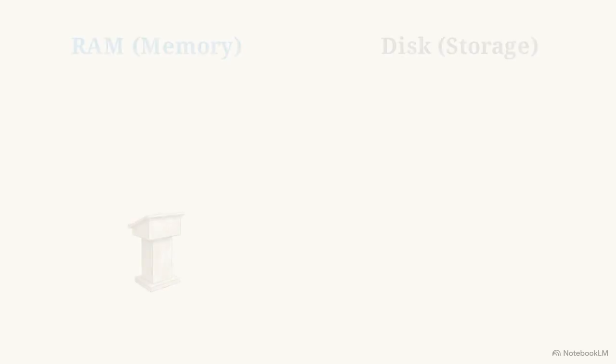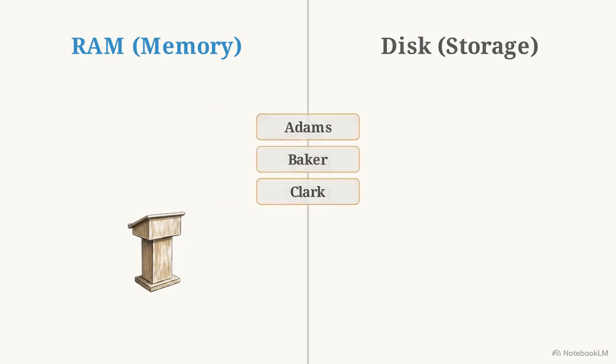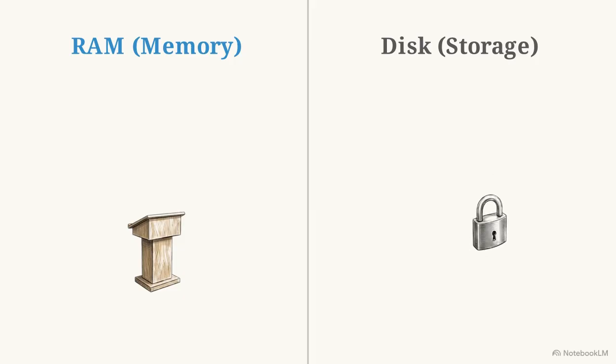Watch this diagram as the perfectly sorted list from the RAM side slides over to the disk side. It's saved in one quick, continuous motion as a solid block, known as a sorted string table, or SSTable. Once that block is written to the disk, it is locked. It is permanent, and it can never be modified.